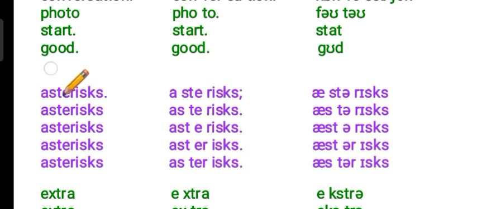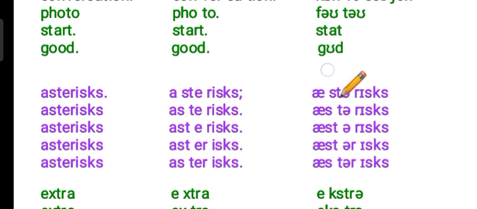For example, we have the word asterisks. Let us try to break it down into beats. In one case, we can break it down into 3 beats. In another case, it can be broken down into different 3 beats. And yet in another case, and in another case, and in another case, aster and isks.